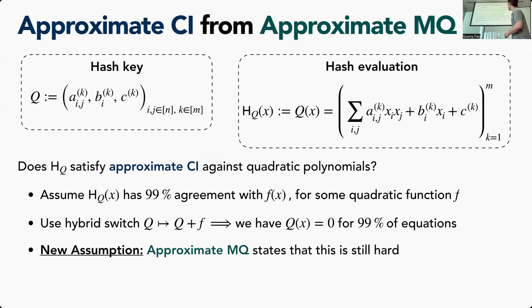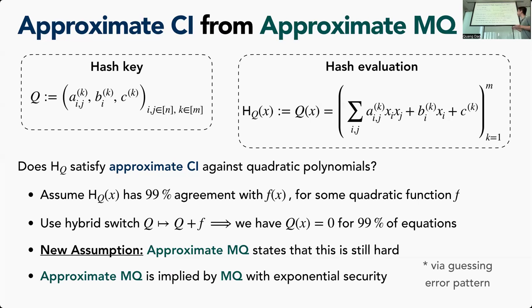The conjecture here, this new assumption called approximate MQ, says that this should still be hard to achieve. Even if you can choose which 99% of the equations you want to satisfy, it should still be hard. This follows from the standard MQ assumption by a reduction where you guess which equations would be satisfied and which are not. If you guess correctly, then you're actually just solving MQ.